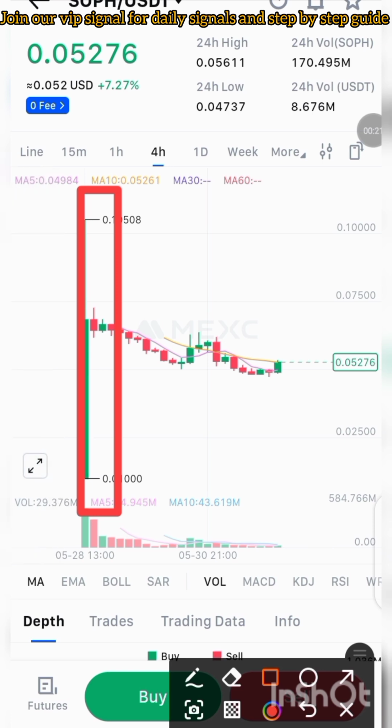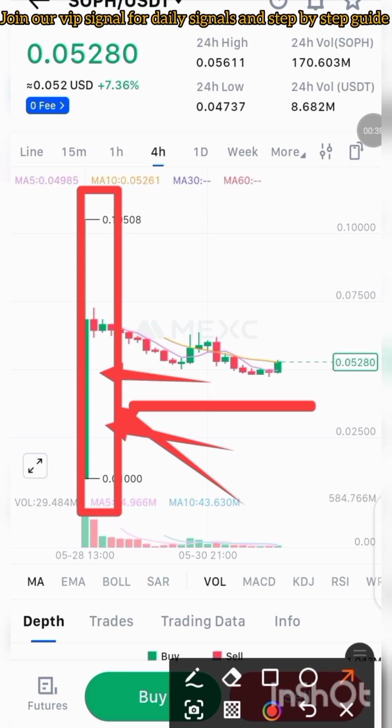Once the coin is listed and it has gone up, there is every tendency, because you can see over here there is a fair value gap. This is a fair value gap. This particular long candlestick needs to be filled.